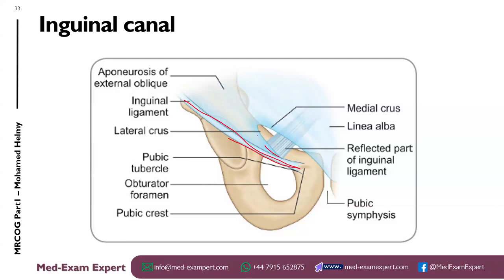As you can see, this is the superficial inguinal ring. So we say this is the medial crus, and this is the lateral crus of the ring. And this is what we call the reflected part of the inguinal ligament, which strengthens the superficial inguinal ring.